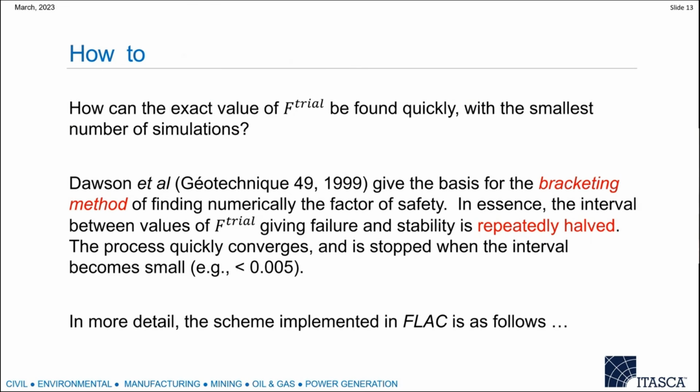Generally, we repeatedly go halfway between stable and unstable, and every time we halve the reduction factor between the previously calculated ones. Eventually, this method will converge at some small interval, and that is the reduction factor we are trying to obtain. We will have some more details in the next slides.